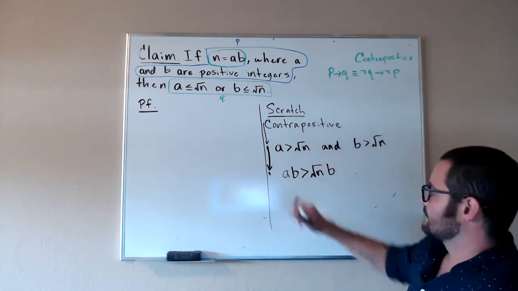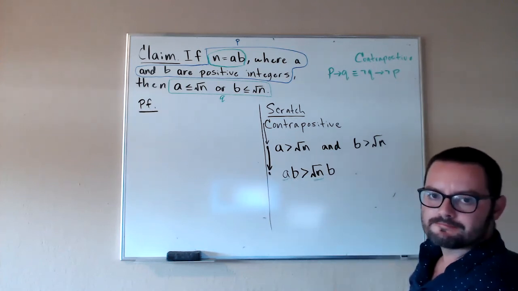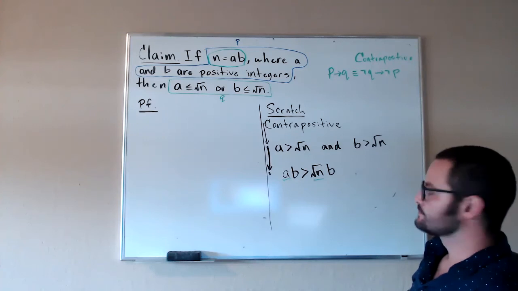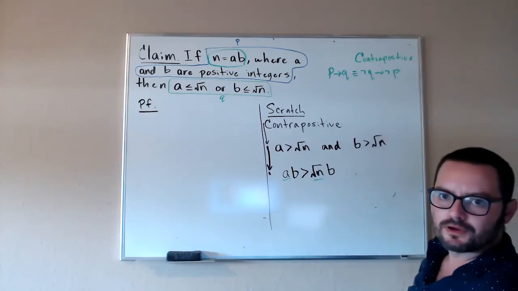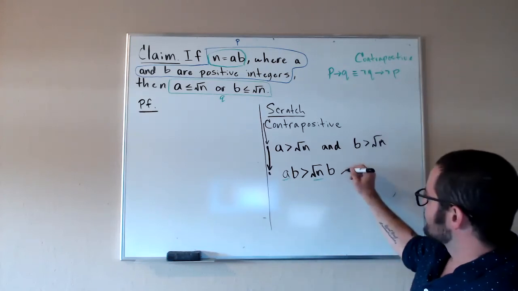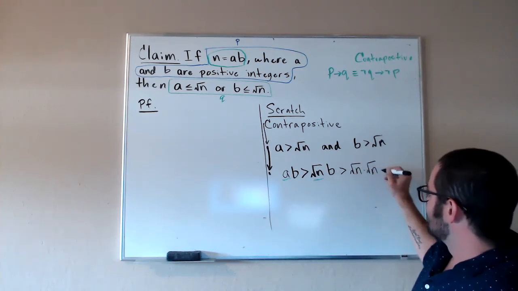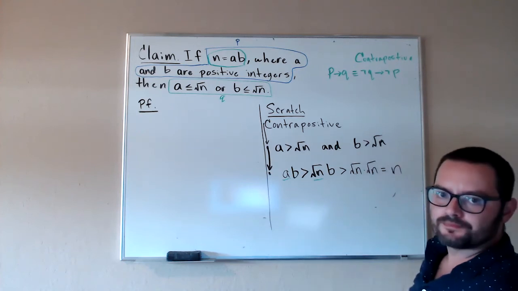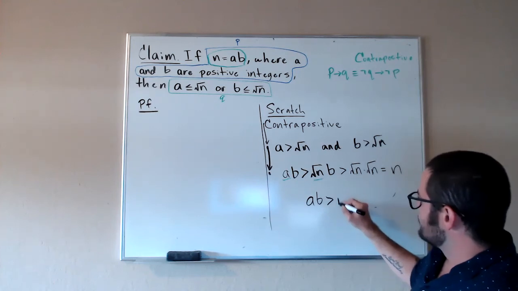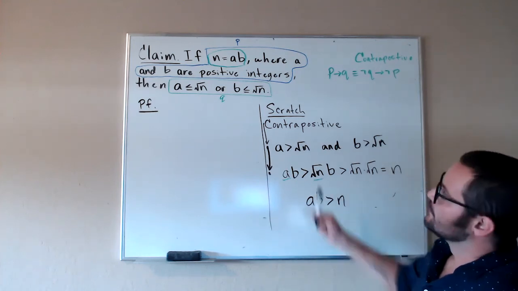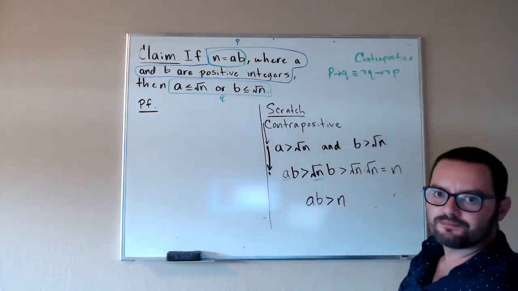Because that quantity here is bigger than that quantity there. But b is greater than root n as well, right? So then this is strictly greater than root n times root n, but that's equal to n. So what we've shown is that a times b is greater than n, which is definitely not the case that n is equal to a times b.